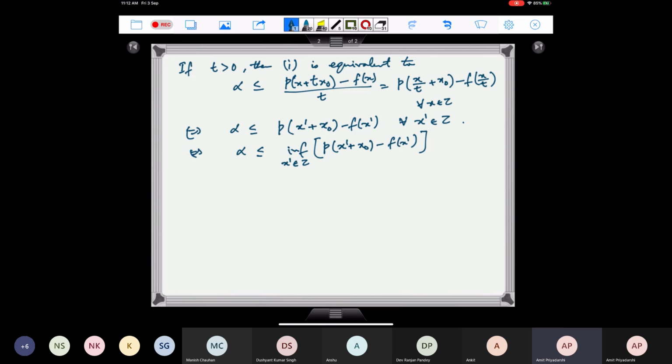So we would like to have alpha to be less than or equal to the infimum of this.